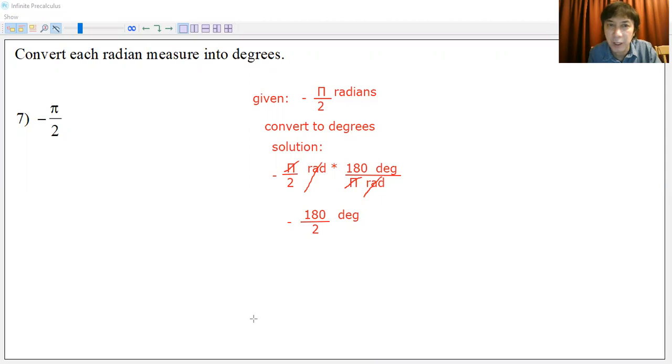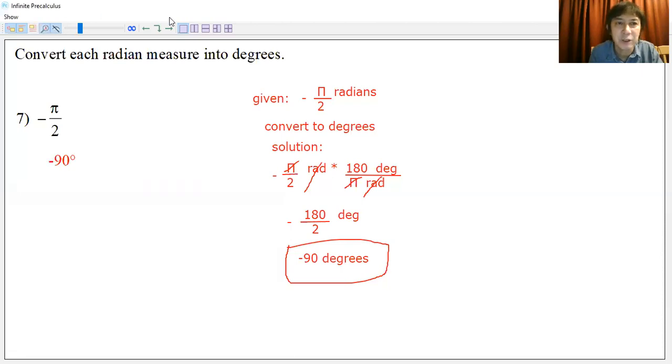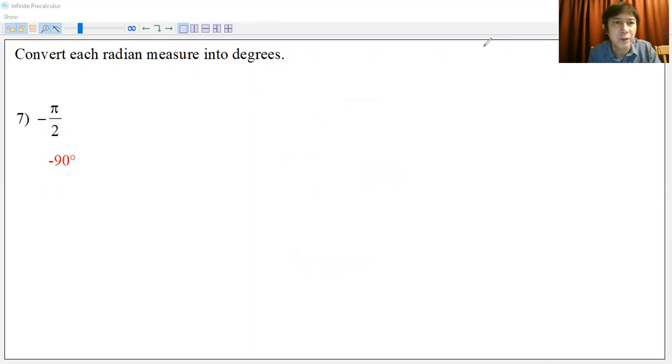So the final answer is negative 90 degrees. This must be the answer. We can verify this from the computer: it's negative 90 degrees. That answers our number 7. All right, let's continue with the next. Let's do number 8.